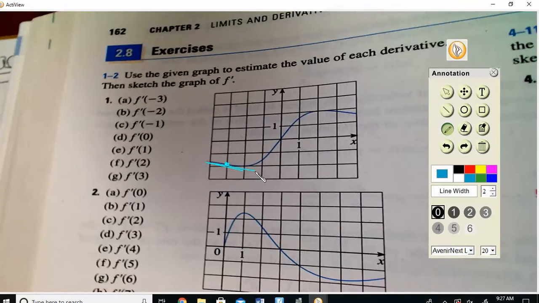Are my points going to be very exact? No, we are just ballparking it, okay? So, let's say I tried to use this point and this point. If I were trying to do rise over run, okay, if I'm going up, about how far apart do you think those are?